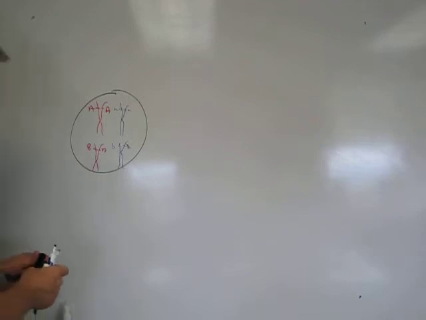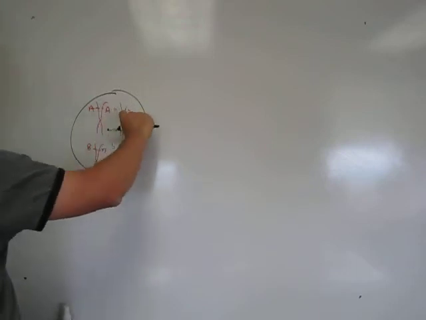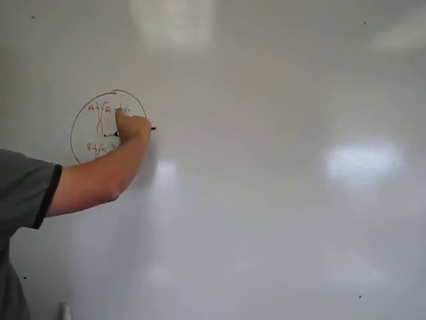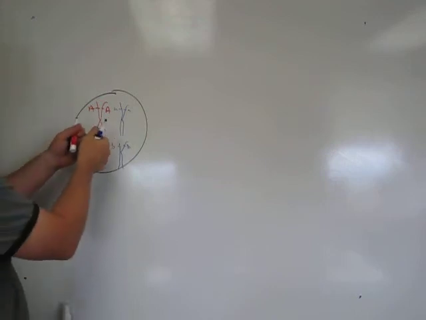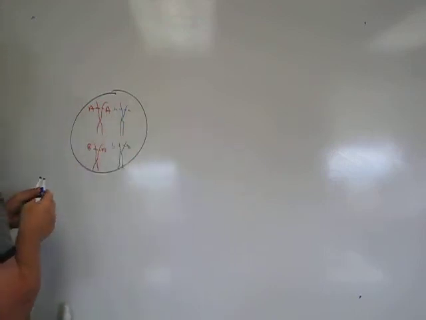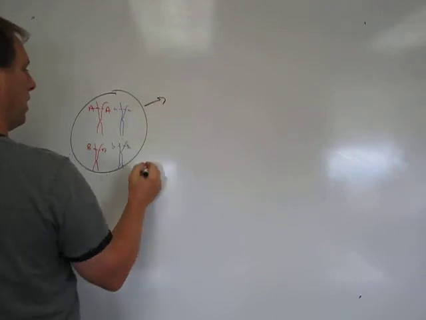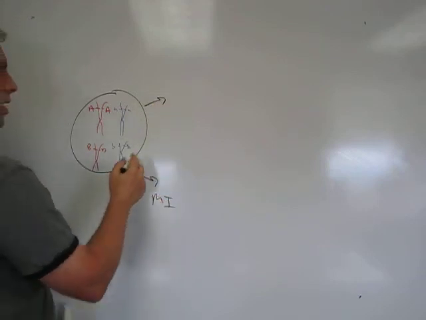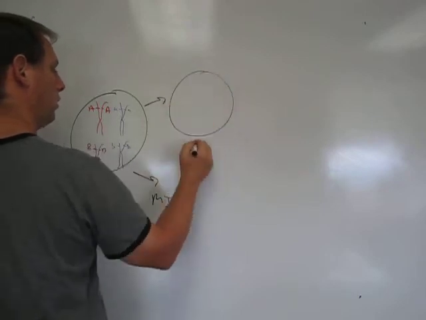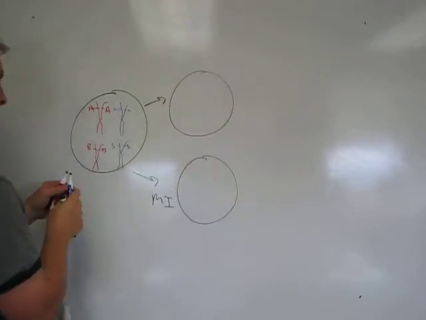So if we were to just follow meiosis in this particular orientation, where dad's chromosomes are lined up on one side and mom's lined up on the other side, well, as usual, those will segregate away from each other in meiosis 1, M1, and you get your products that look like this.